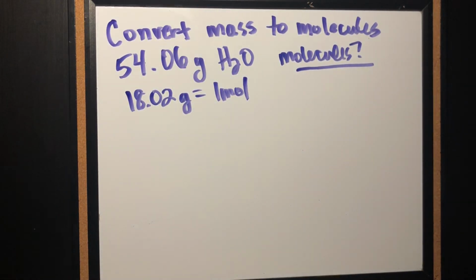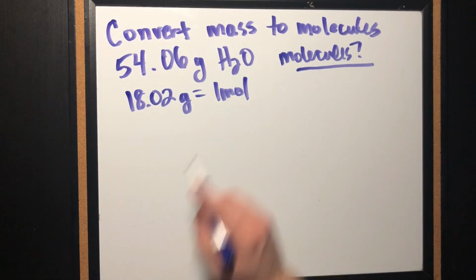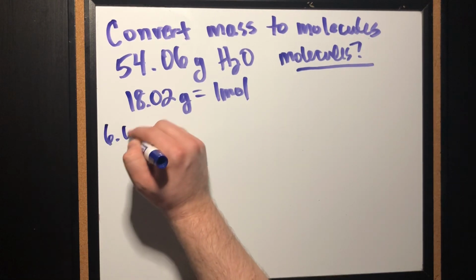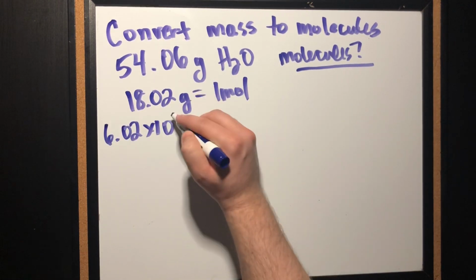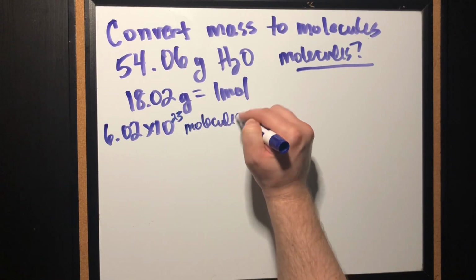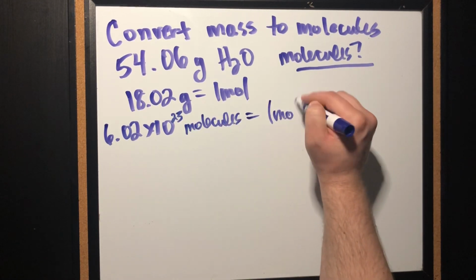What do we also know about moles? We know that there are a certain amount of molecules per every mole of a substance. So I also know there are 6.02 times 10 to the 23rd molecules for every 1 mole.